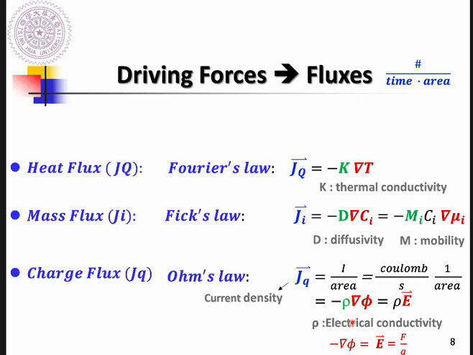In our textbook, we use sigma dot to represent the entropy production rate per volume.